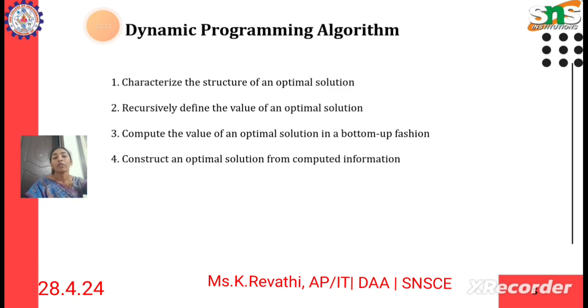Here we are following the bottom-up fashion for solving the given problem. Bottom up means we have to build from the smallest subproblems toward the final solution. For example, in a tree, going from the children to the root node is the bottom-up solution. Then the fourth one is to construct an optimal solution from the computed information.